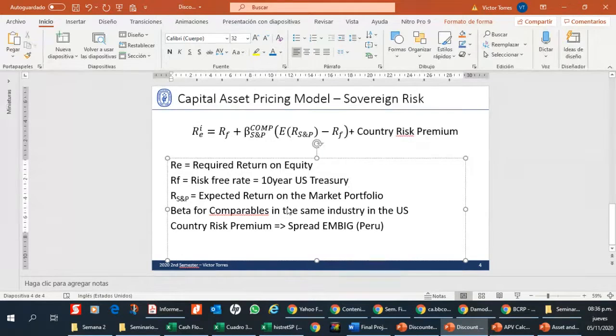The United States has never defaulted on its loans. Even other developed economies, Japan, Germany, France, at some point in history defaulted on their loans. After several wars, at some time they decided not to pay their debt, and that actually created economic turmoil at that time. But the US has never defaulted on its debt. That's why we focus on the US return as a measure of the risk-free element.